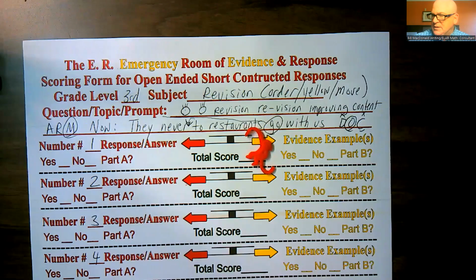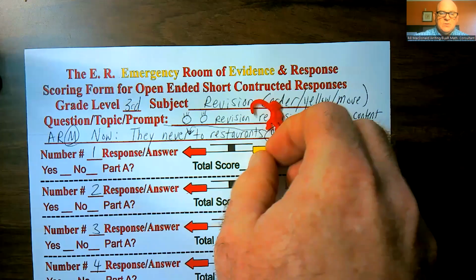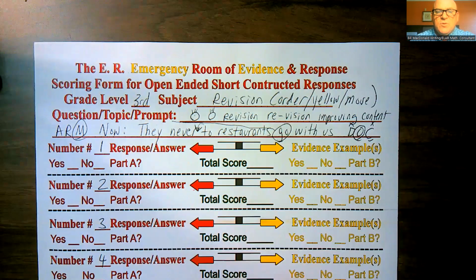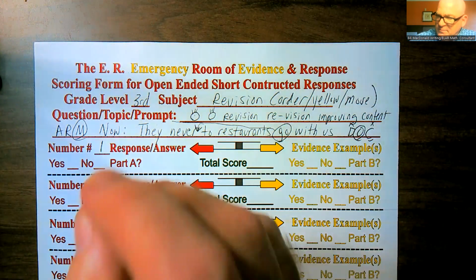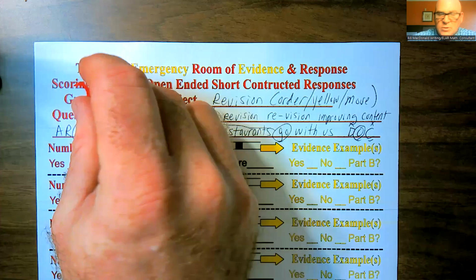So let me show you the form so that you can see how it applies specifically to open-ended text entry revising questions. The students got a question, I believe it was question 5 in third grade. They said, what is the best revision in sentence 5? So that was the question.